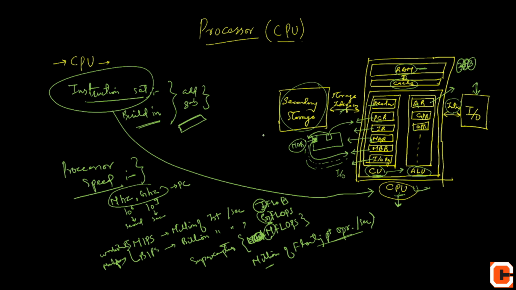Now the last concept I'm going to give you over here: what are multi-core processors? Till recently, the approach used for building faster processors was to keep reducing the size of chips while increasing the number of transistors they contain.